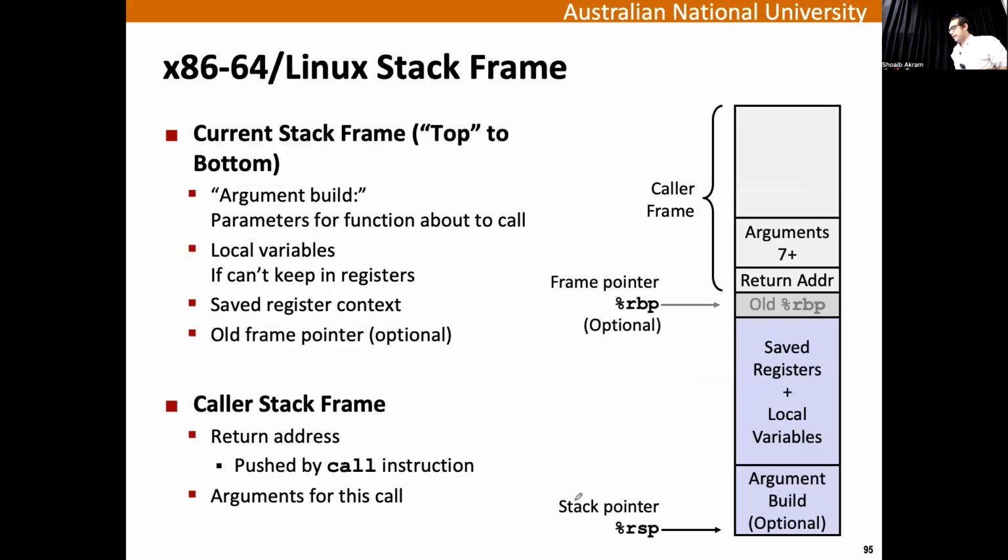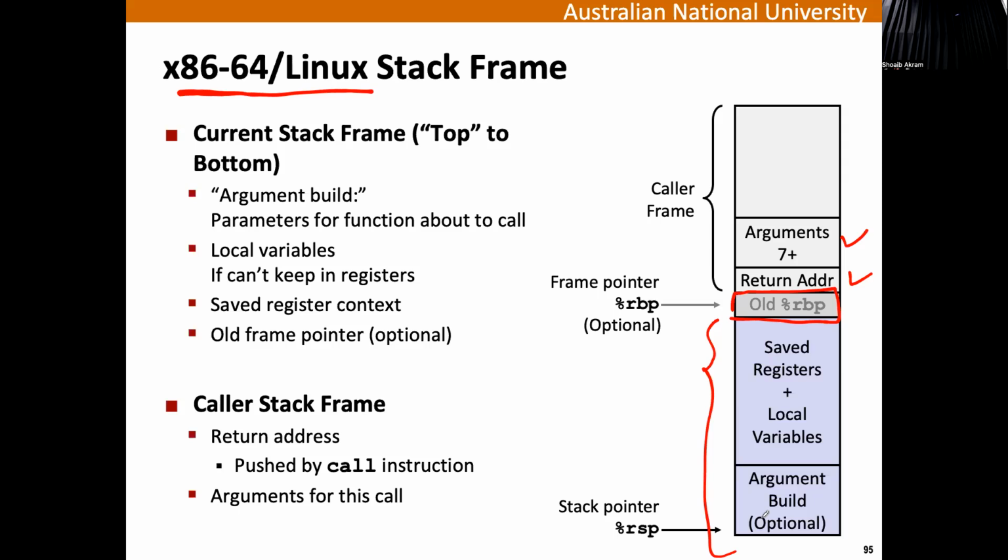So this is how the stack frame looks in x86-64 Linux systems. The caller's frame, the return address, and the extra arguments are considered part of the caller's frame. And the old base pointer and everything else is in the callee's stack frame, because the first instruction the callee executes is to push RBP.